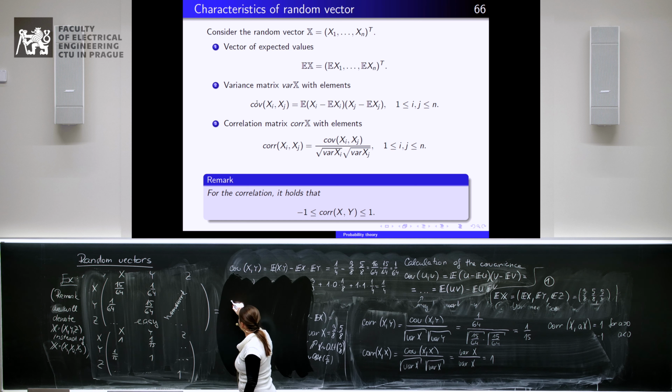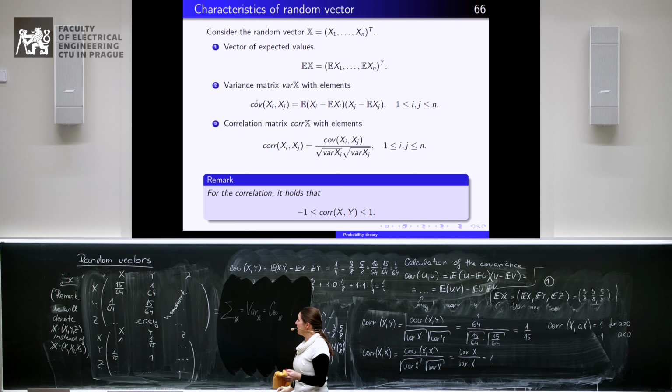Maybe the most often notation is capital sigma of x, but it looks like the sum, so you can also use the variance with capital V or the covariance with capital C. And as I said, it's not unique in the literature.